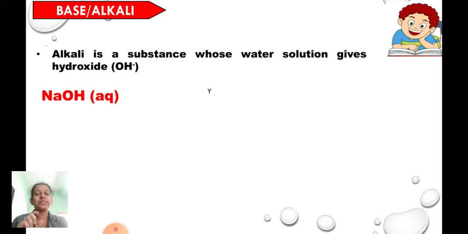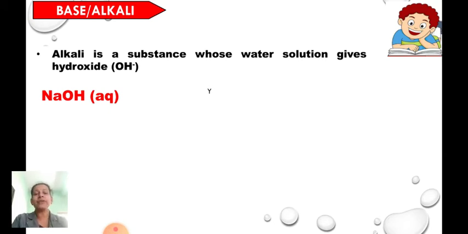Aqueous, AQ, means dissolved in water, and when a base is dissolved in water it is also called an alkali. Therefore NaOH, sodium hydroxide, when dissolved in water, we denote in the form of AQ. AQ means aqueous, and aqueous means it has become an alkali once dissolved in water.